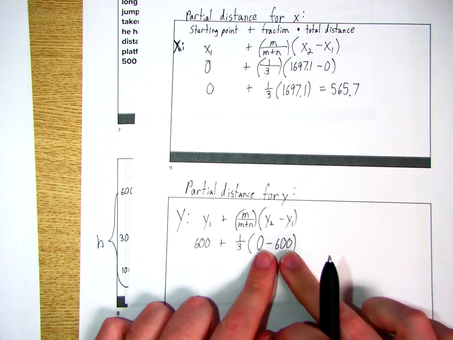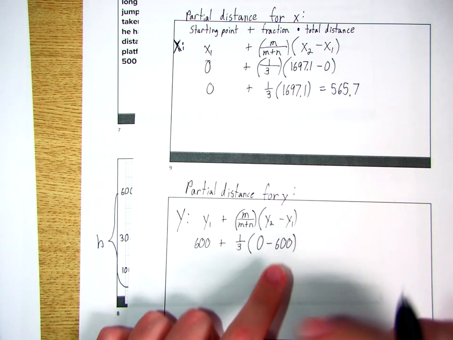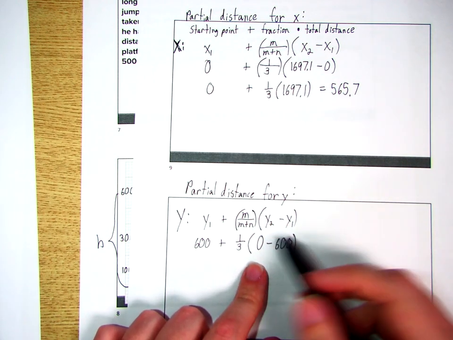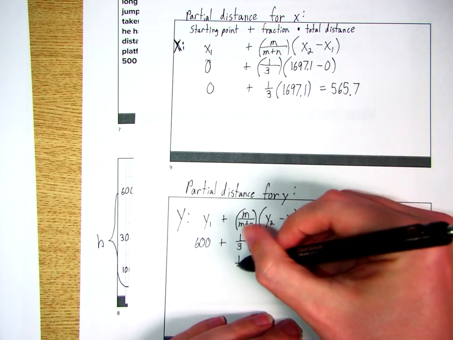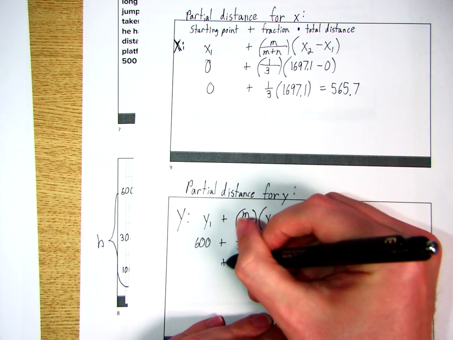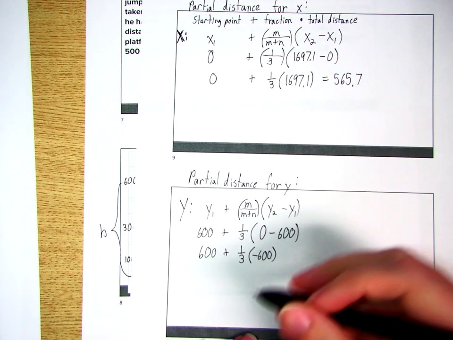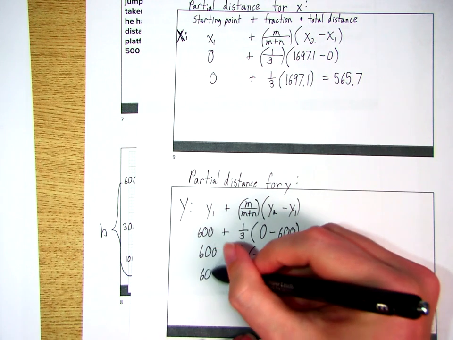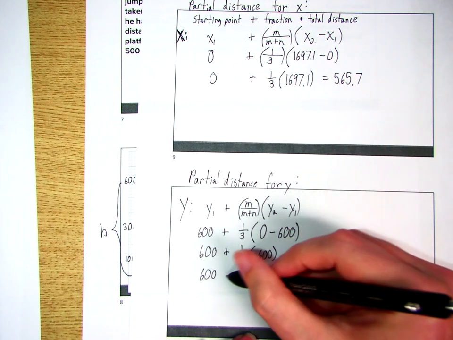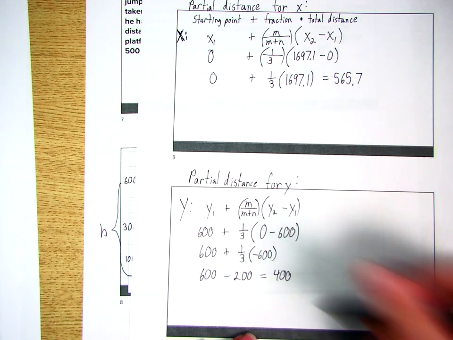And this is something I warned you about. The distance here could be negative. The distance here could end up being negative. So we've got 1/3 of negative 600 that we're going to add 600 to. Well, that's 600 minus 200 in the end, or 400 altogether.